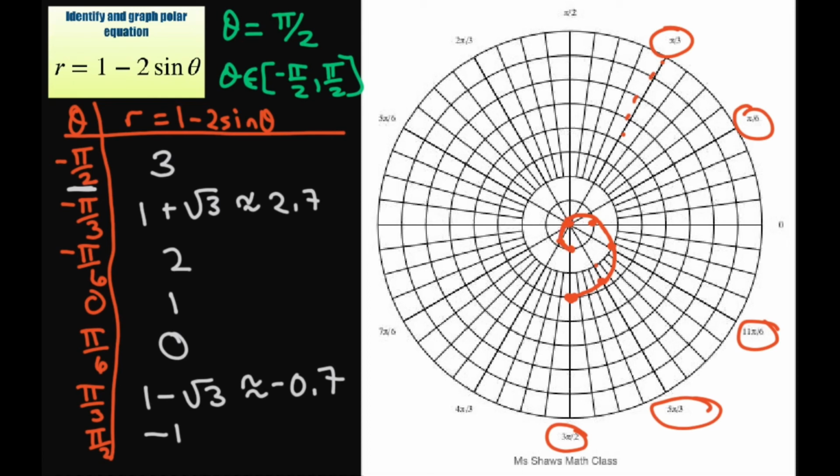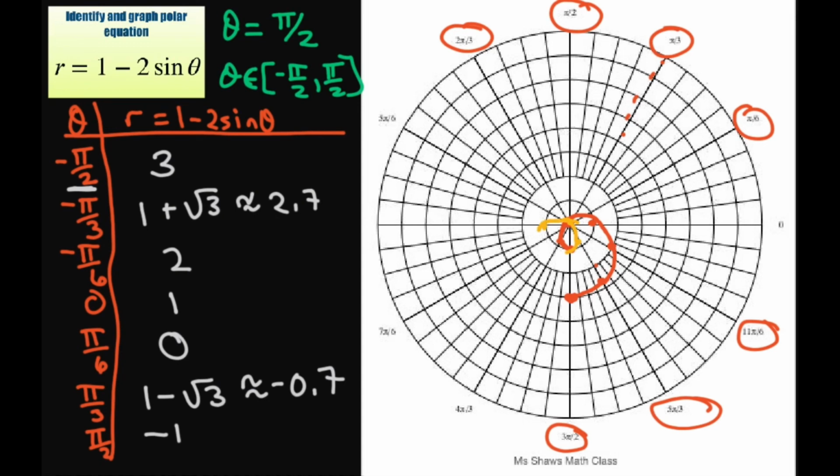Now let's work the other way. Now that we did this, let's look at 2 pi divided by 3. We're just going to use symmetry and come back around. So you're coming back around here, and then at 0, we're going to be at 1. So it comes back to 1.